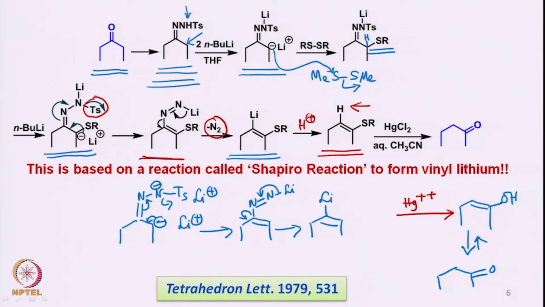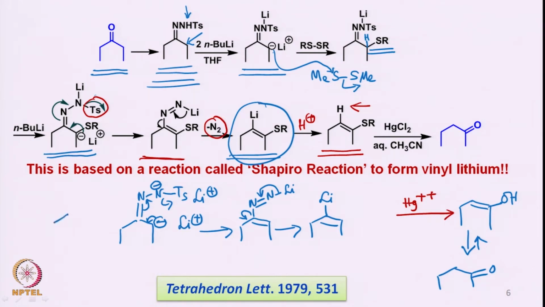Now this vinyl lithium is of course similar to the vinyl lithium that I showed here on the top, except that in the top position we had an SR group introduced. Here we do not have an SR group introduced.